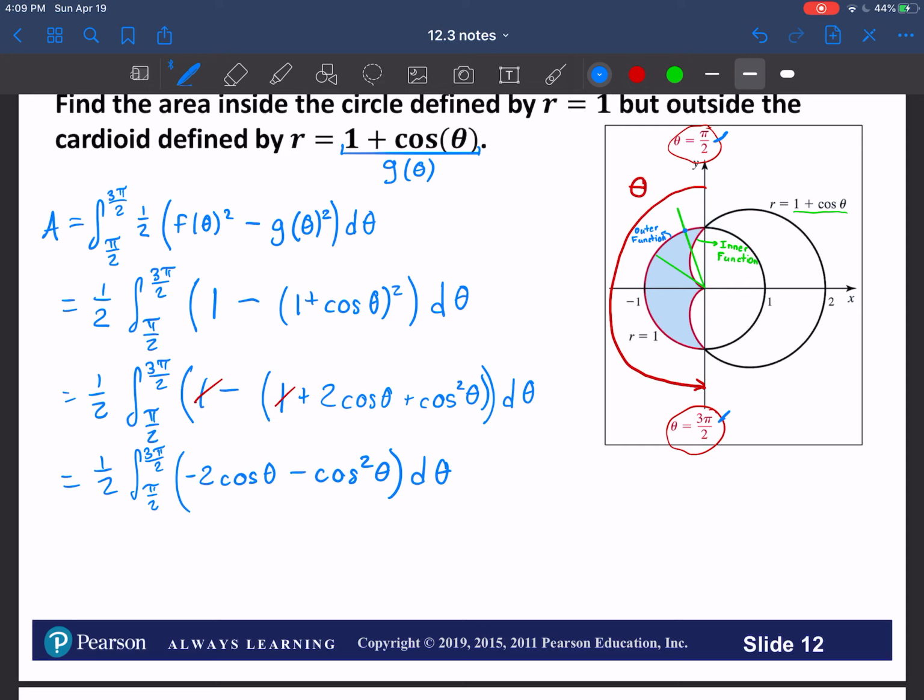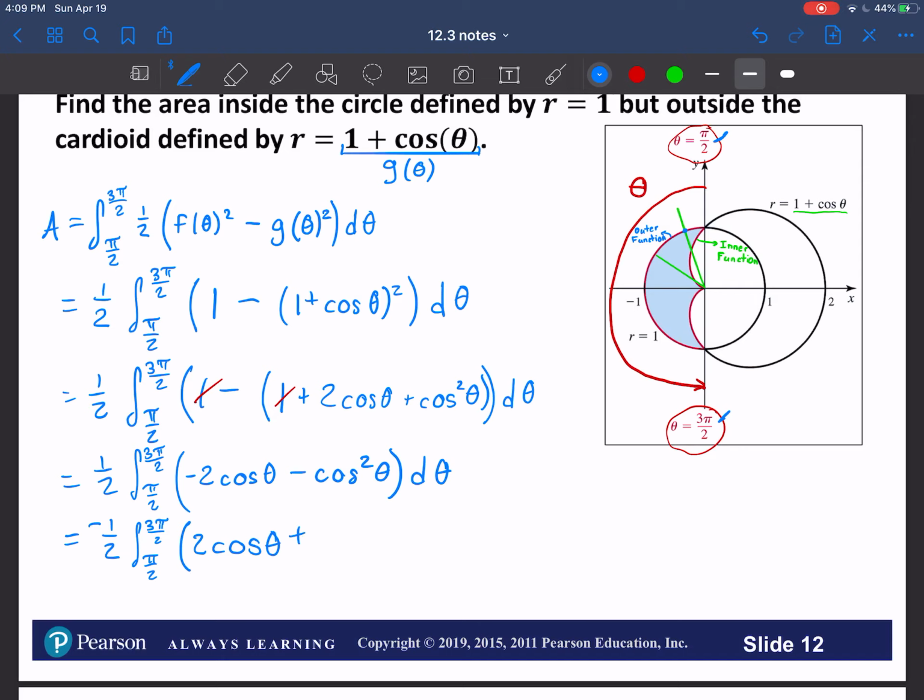And if we pull the negative sign out front, the integral from pi over 2 to 3 pi over 2 of 2 cosine theta.